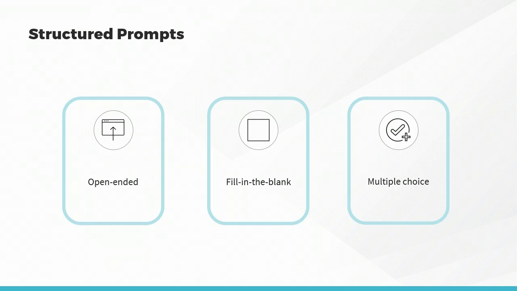For example, a multiple choice prompt from a model could be, "Which of these animals is a mammal? A. Bird, B. Fish, C. Dog, or D. Insect?" The user would then choose one of the options, and the model would generate a response based on that choice. Using a diverse selection of structured prompts can help ChatGPT to generate responses that are tailored to specific formats and types of input.